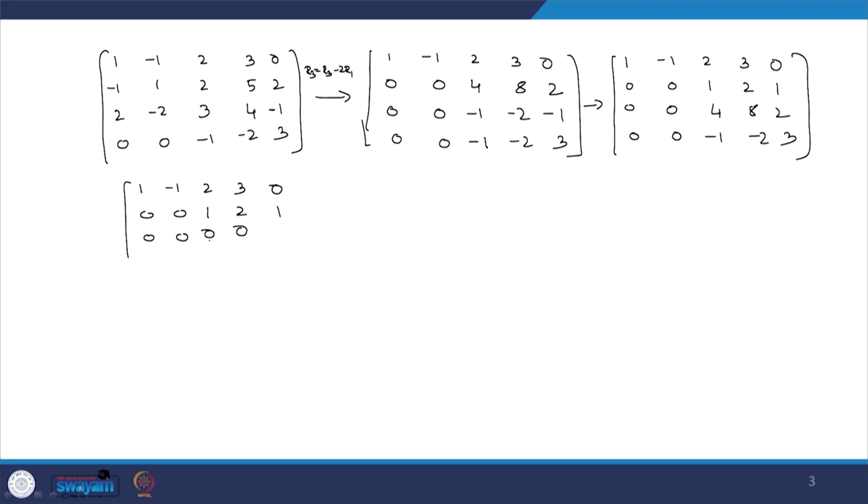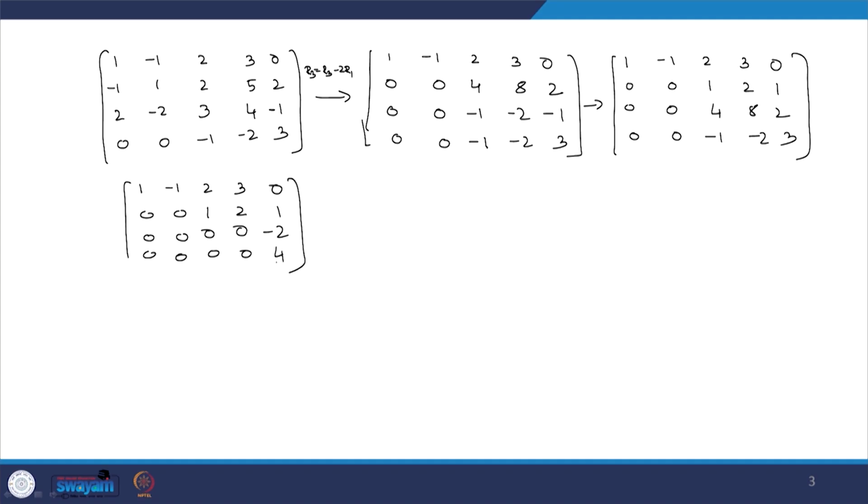So, 2 minus 4 is equal to minus 2 will come into the picture, and this will again be 0, 0, 0, 0, and I will simply add it.